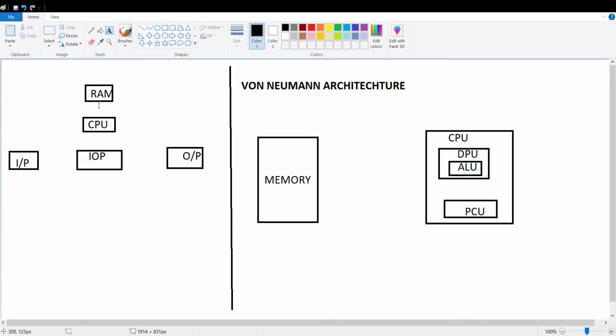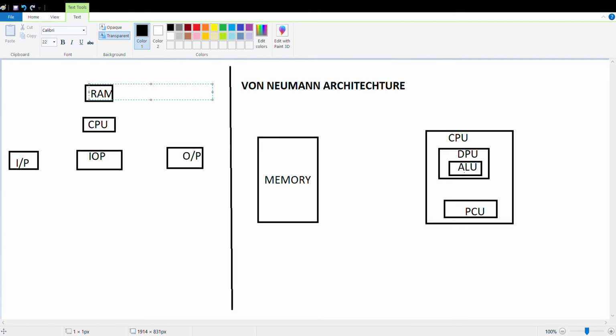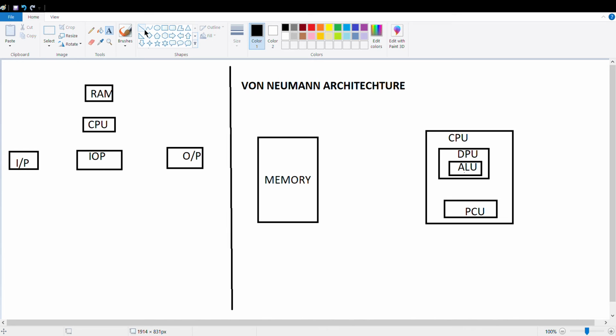I hope it is clear, and you will understand. This is the RAM, which is random access memory. We'll be giving input through the input devices to the input output processor, and this input output processor will send the information we have given to the CPU, that is the central processing unit.